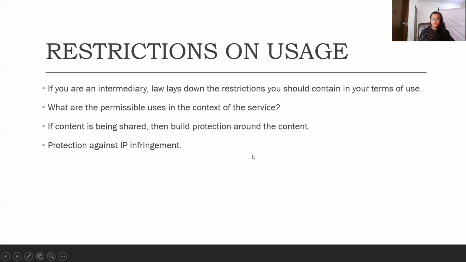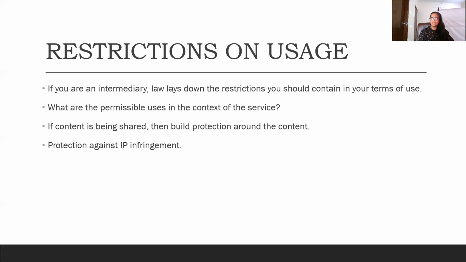Now, restrictions in usage. You need to basically lay out what are the permissible uses and what are the non-permissible uses. If you are an intermediary, then typically the law mandates you to lay down certain restrictions, such as any information which is posted should not violate any third party's intellectual property, or should not be harmful, offensive, or adversely affect minors in any way.